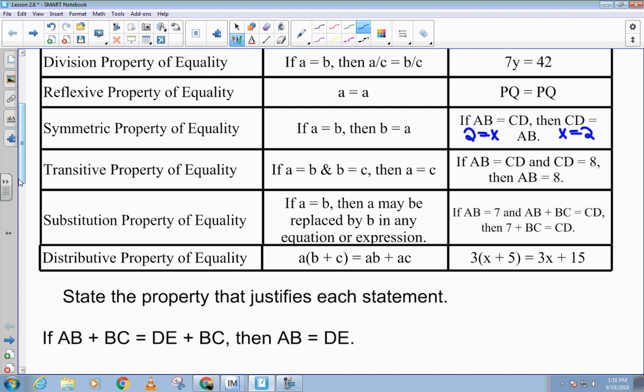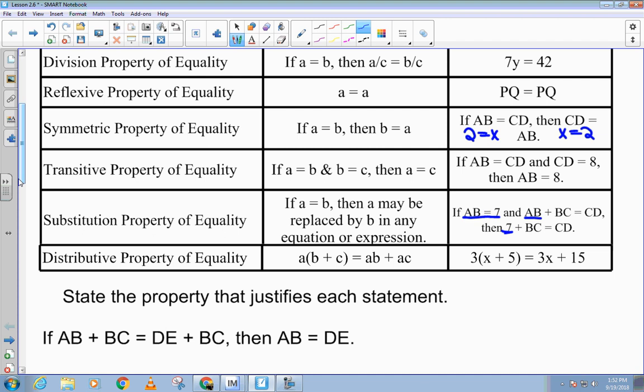If AB equals 7, and AB plus BC equals CD, then 7 plus BC equals CD. So AB equals 7, and in this problem I have AB, and then I rewrote it and replaced AB with 7. That's replacing something with what it's equal to. That's substitution.